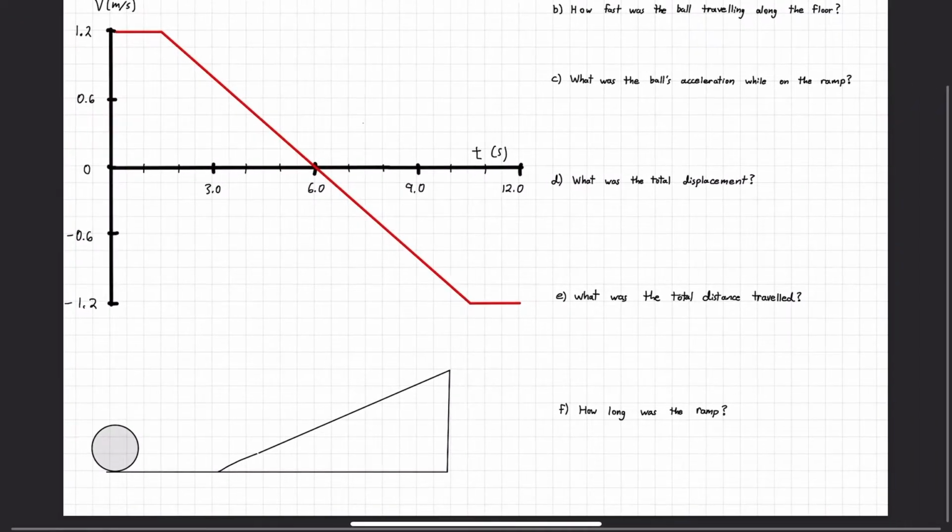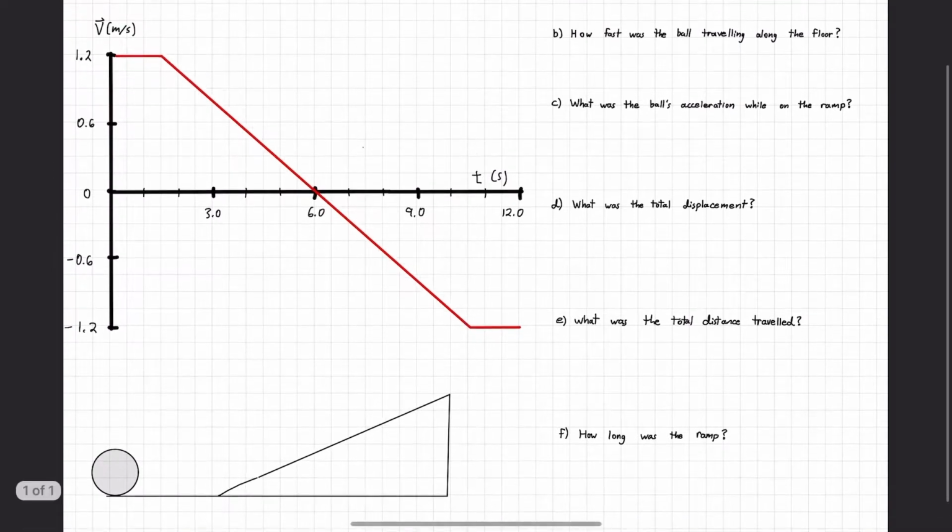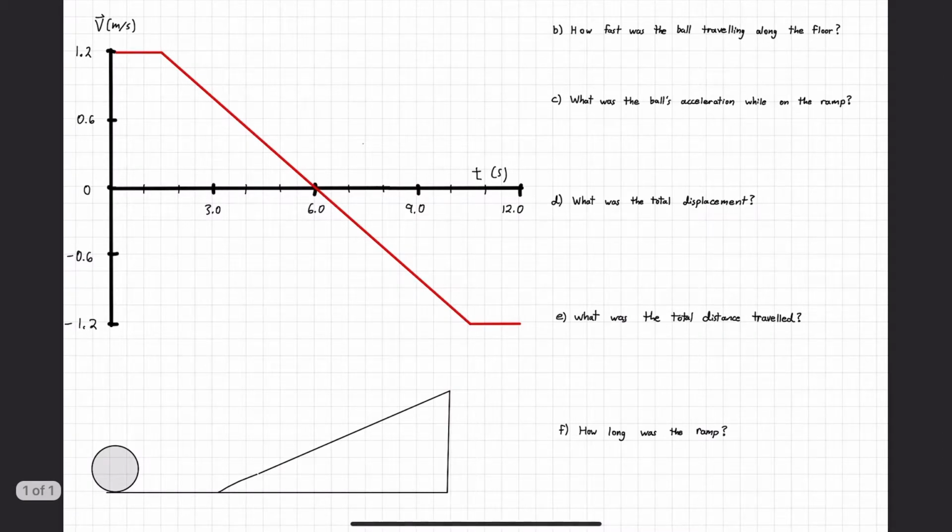And let's try to see what this graph is telling us is happening. So you see where we start, our velocity is 1.2 meters per second at time 0 seconds. So that means we have a ball that is rolling at 1.2 meters per second.